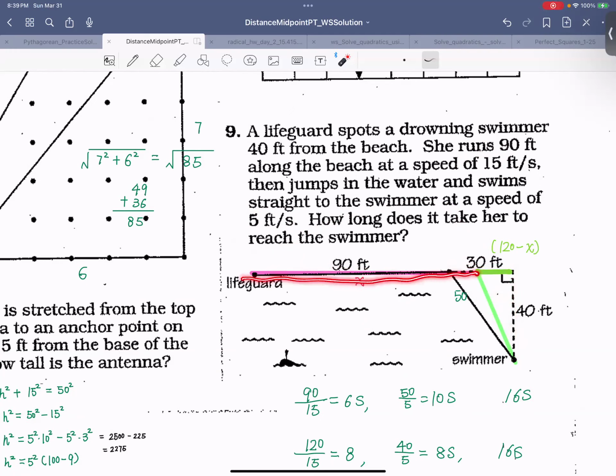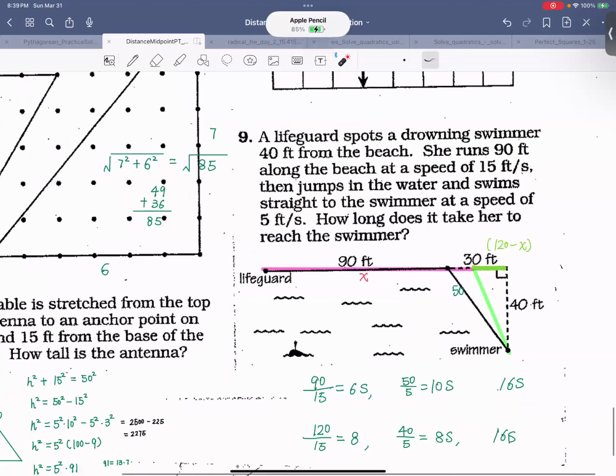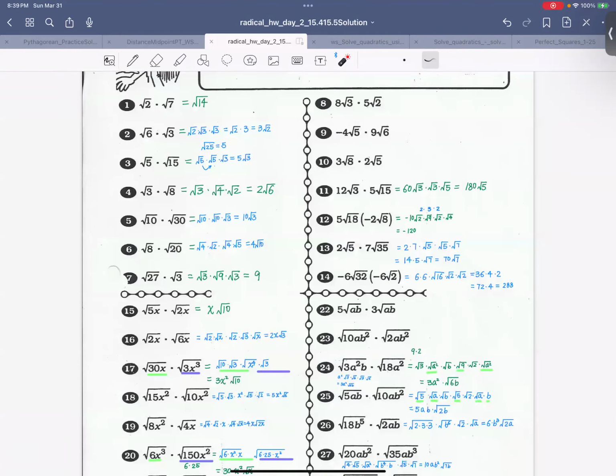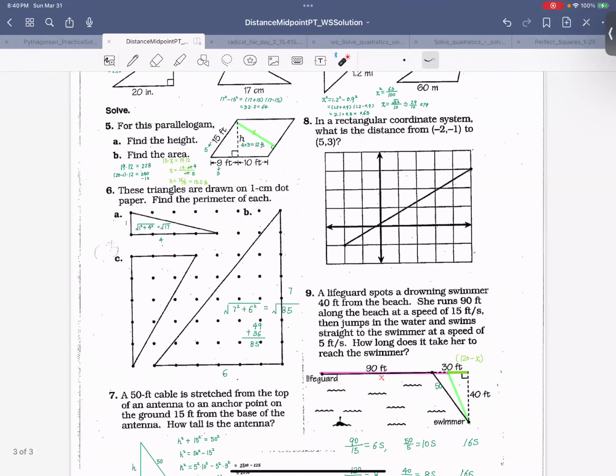That distance divided by the velocity plus that distance divided by that velocity. This is the total amount of time to reach that person. Okay? So you can do this. If you don't know math well, you cannot even be a good lifeguard to save people's lives. Any question?